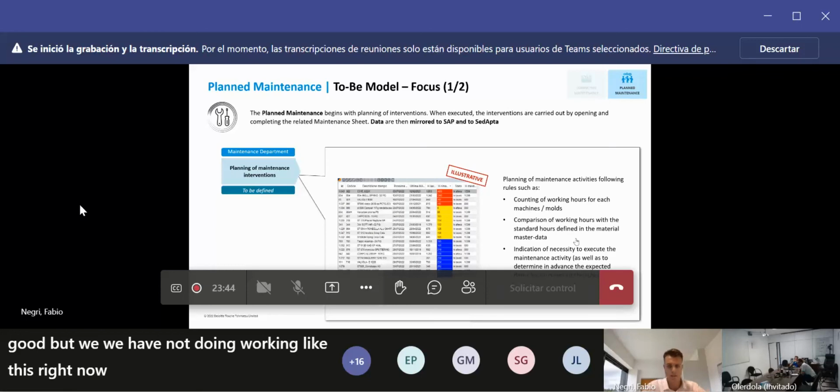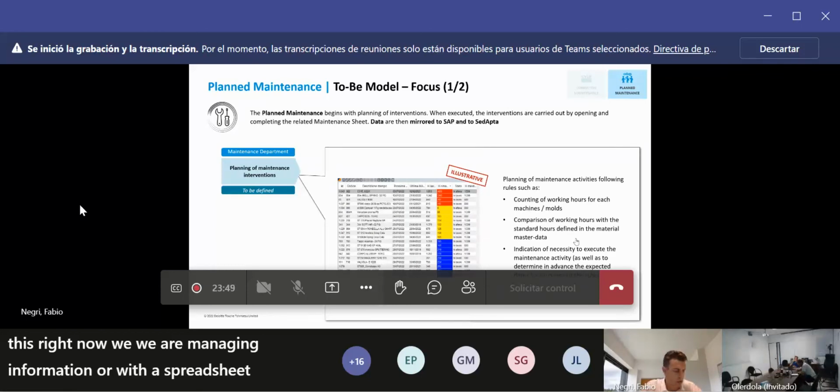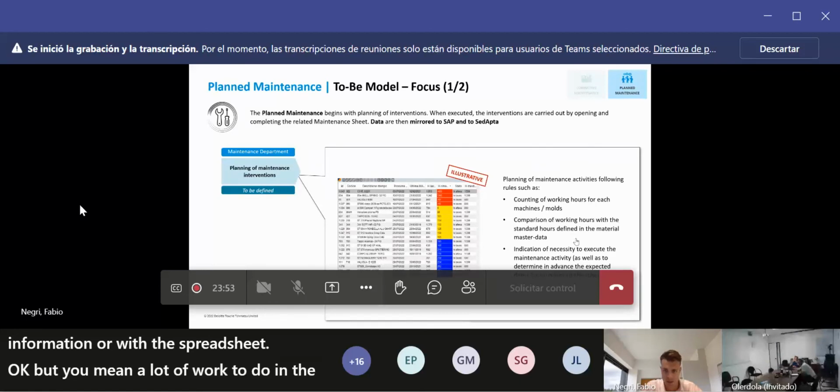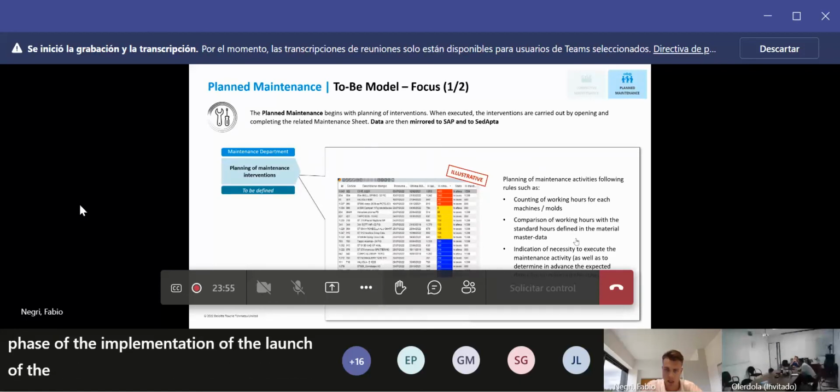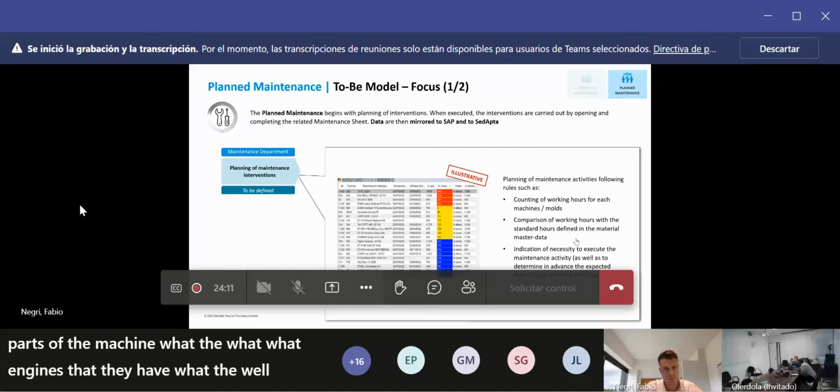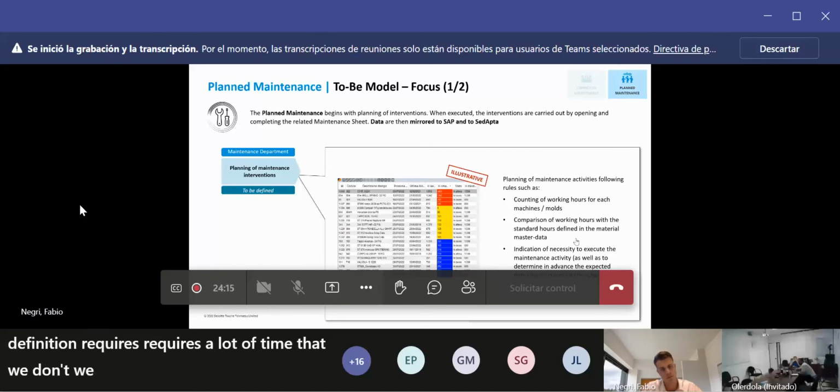We are managing this information with a spreadsheet. Okay, but you mean a lot of work in the implementation phase, or in the phase of defining the machines, the shifts, the spare parts, everything? So what parts the machine has, what engines they have, this definition requires a lot of time that we don't have, or the maintenance people don't have.